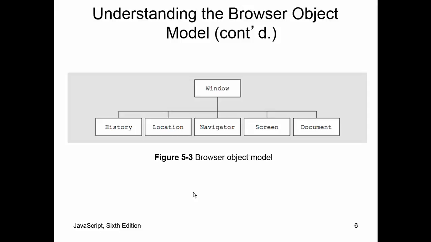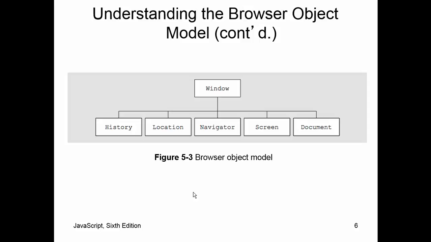Now think about what these things in here are. The first one is history, which, as you can guess, provides your browser history. In other words, you can go forward pages, backward pages, etc. Location is where you are. Navigator allows you to peruse your way around.